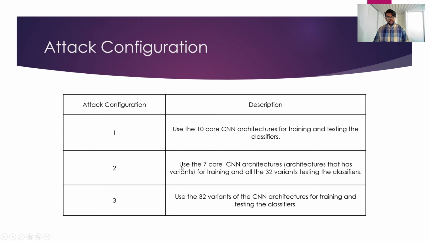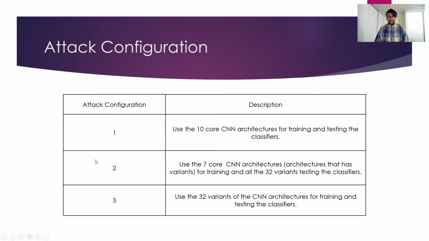For the second configuration, we assume that the attacker has access only to the core CNN architectures and does not have access to the variants. If the victim is running some sort of variant on its laptop, and that power data is collected, how will this power data be classified?